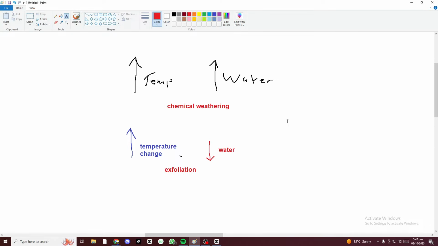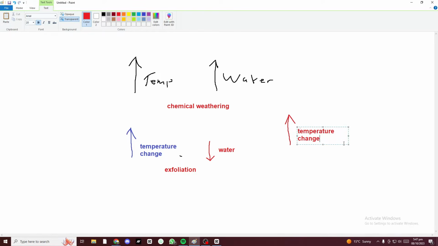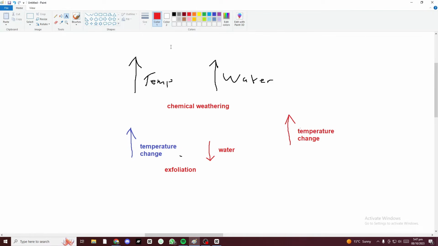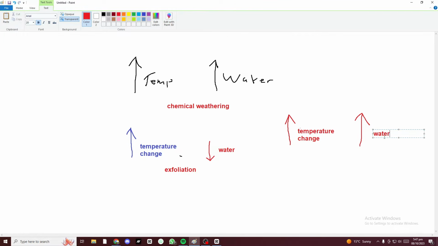And then finally, when there is a lot of temperature change, so high temperature change, and there is a lot of water, this will result in frost wedging.